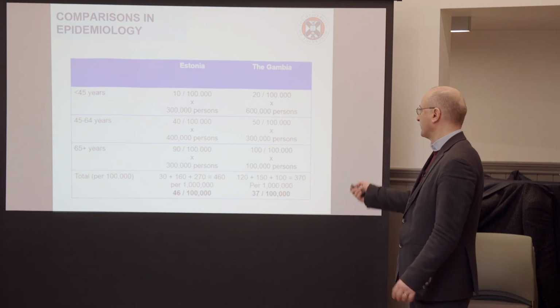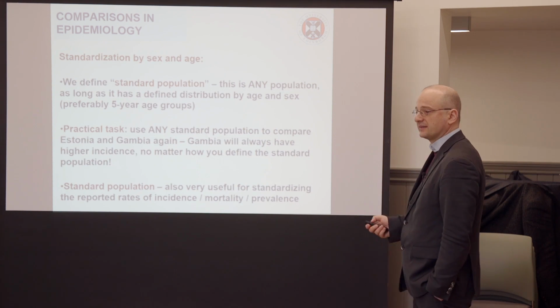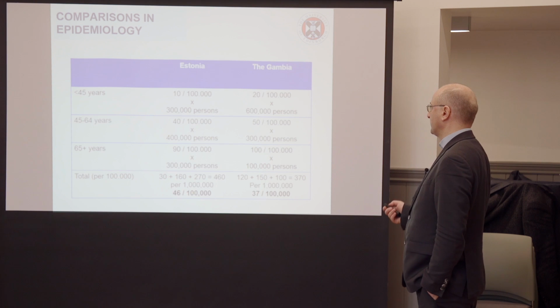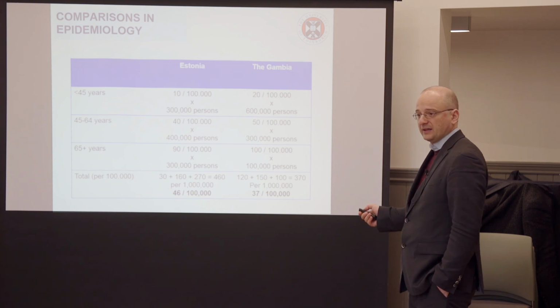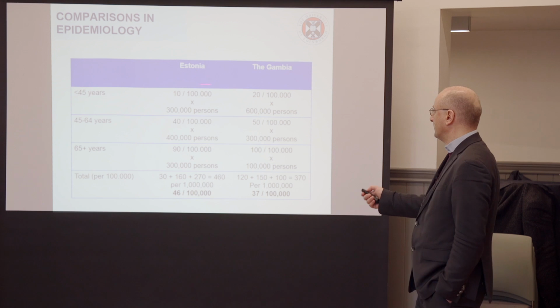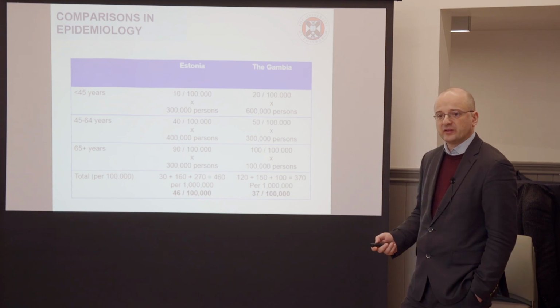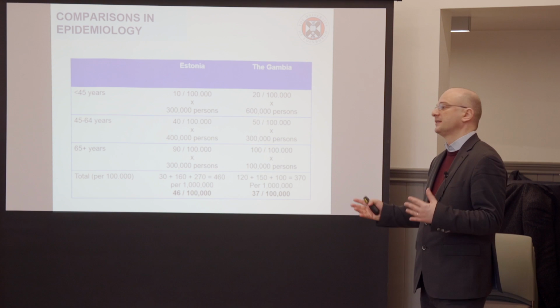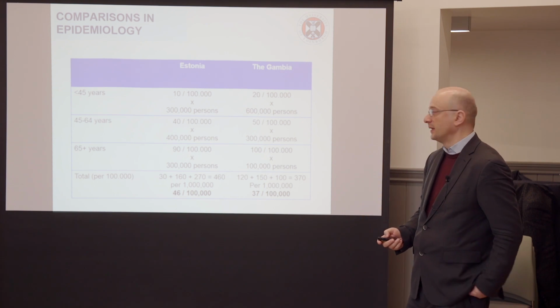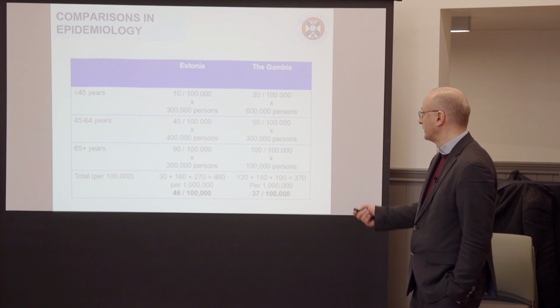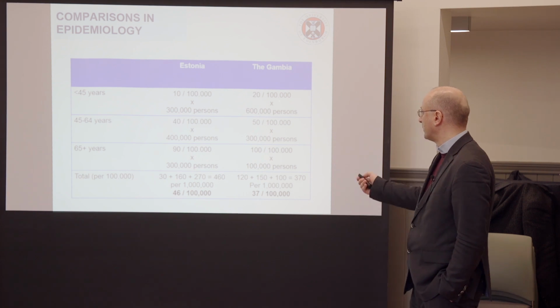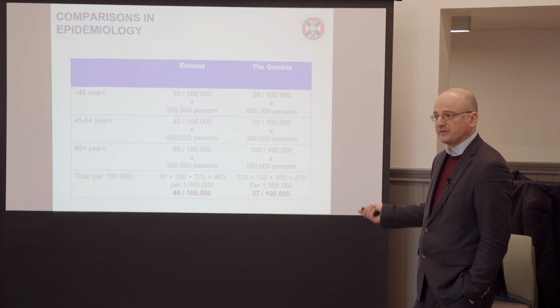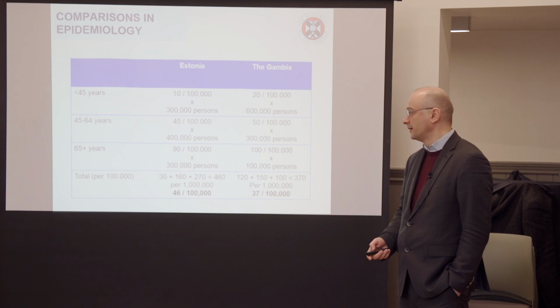But in fact, when you do the standardization by population, if you look in detail, you realize that the Gambia is much worse in every respect. It's just that their age and sex distribution of the population makes it seem like they are better off, whereas they're really not. They're obviously smoking far more and getting far more lung cancer than people in Estonia, right?